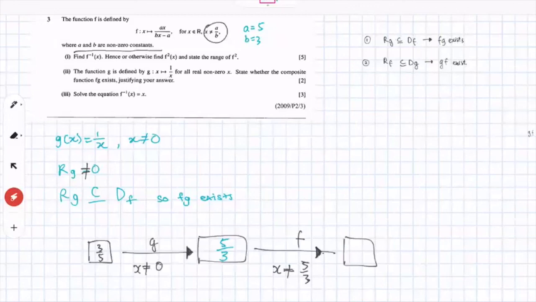Now how do I write it? It's not a subset. So FG does not exist.